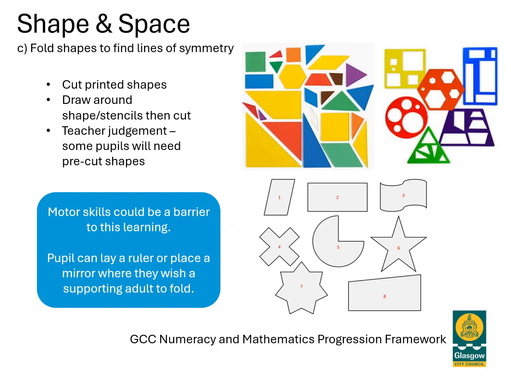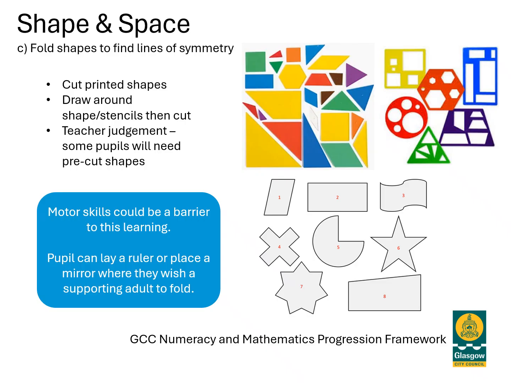And so linking to that, this gives us nice possibilities for lots of investigative activities on our last teaching point. So if the shape is regular, I should be able to fold it in as many ways as it has sides or corners.